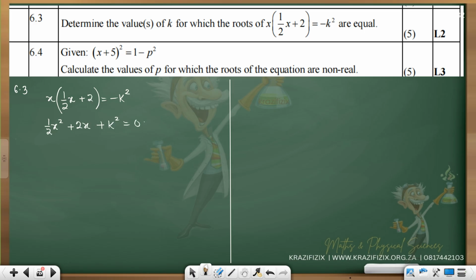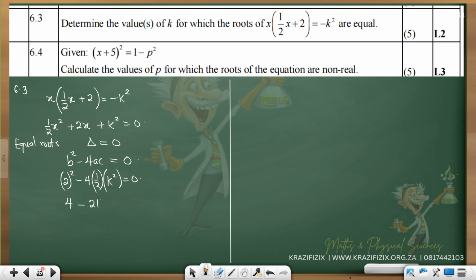Now they want the roots to be equal. Oh, equal roots. Please write the condition. For the roots to be equal, discriminant should be equal to 0. b squared minus 4ac. Now what is our b? Our b is 2, squared, minus 4. What is our a? Half. And what is our c? K squared.